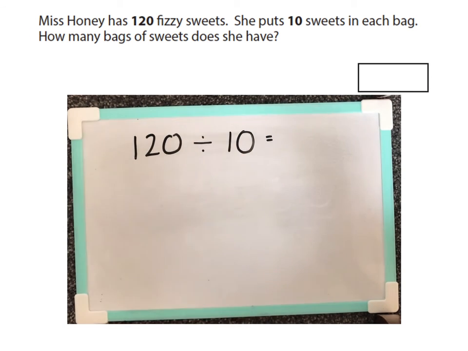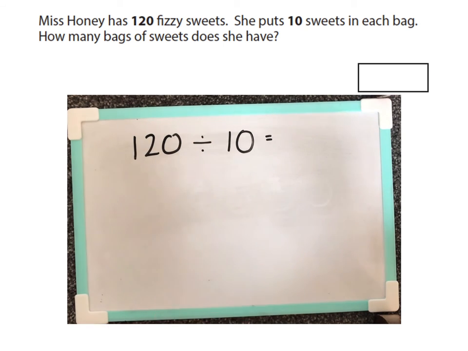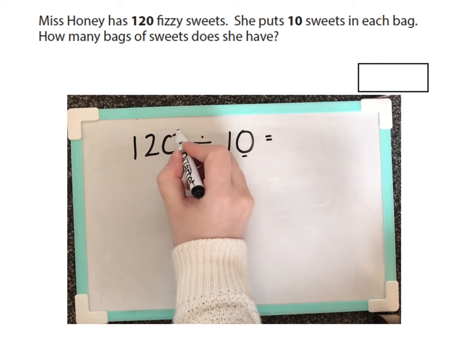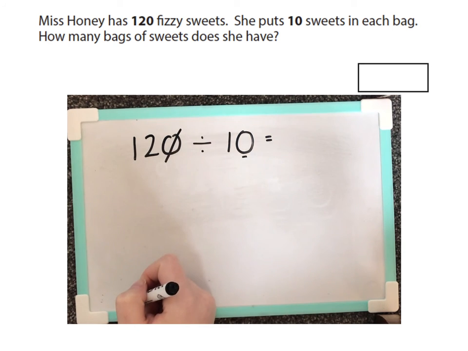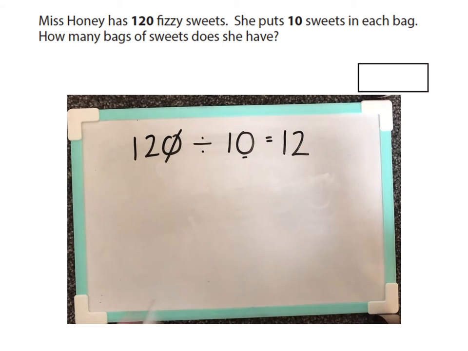Now, I can draw 10 circles, but then I have to count to 120. No, that's going to take way too long. We know a trick. We take off the 0 because we're dividing by 10. So now we've just got 12 left, and that will be our answer.